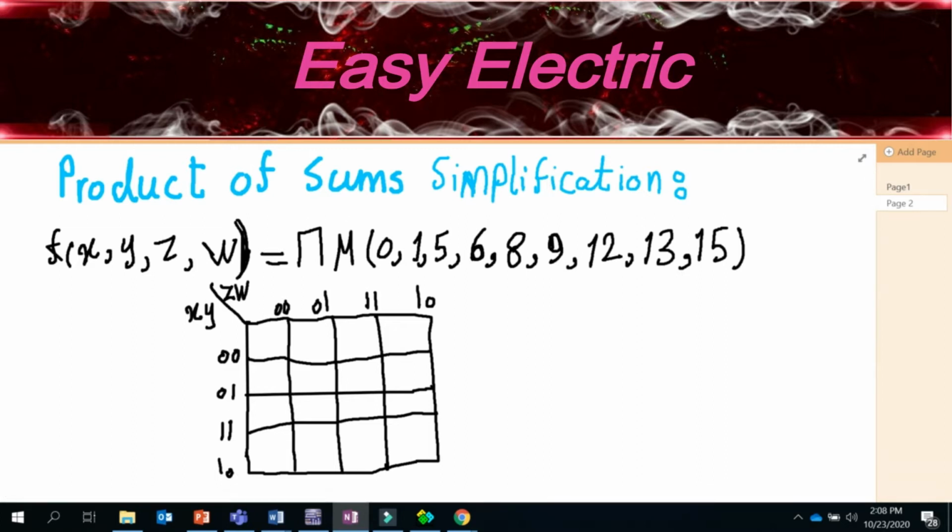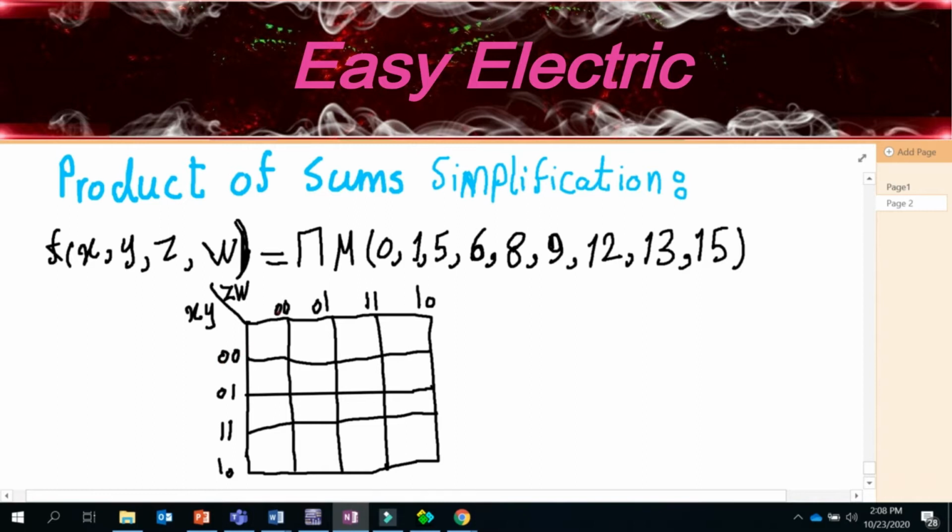This is exactly similar to what we did with the K-map whenever the function was based on the sigma of the minterm. So no change so far. For each of these squares, you write the corresponding maxterm number. Each of these squares corresponds to one maxterm. What is the number of the maxterm?